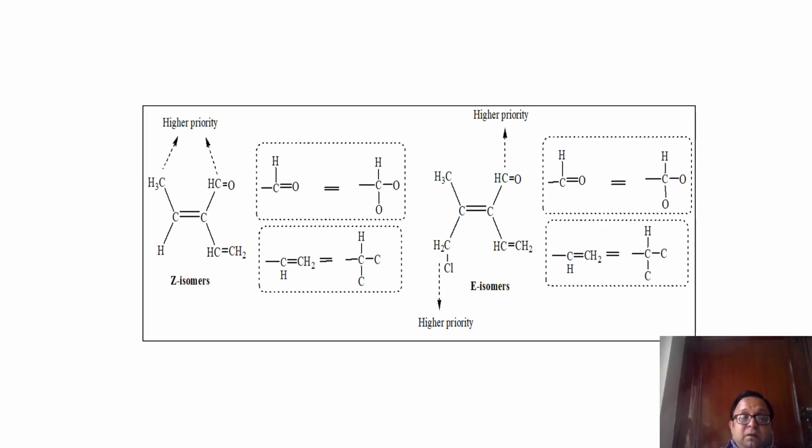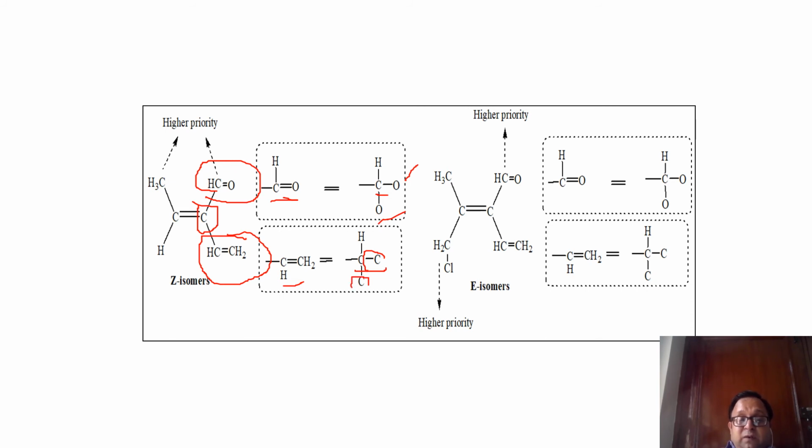One more example. This is having the aldehyde group and an ethylene group. On the one carbon, we are talking about this carbon. In this carbon, it is having C double bond O, so we can consider it as a carbon attached with a further 2 oxygen atoms. In the ethylene case, it is again a doubly bonded carbon, so we can consider it as a carbon attached further with 2 carbons.